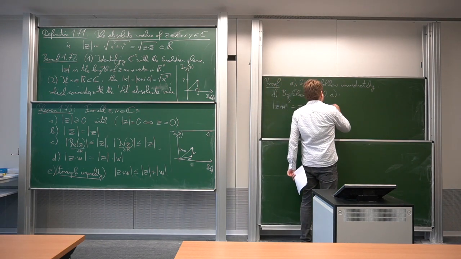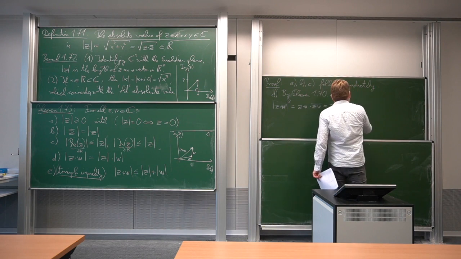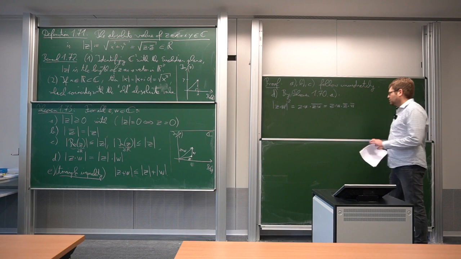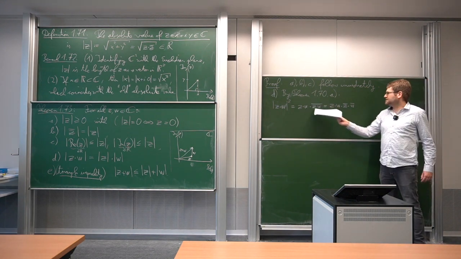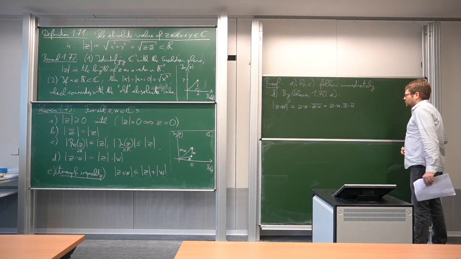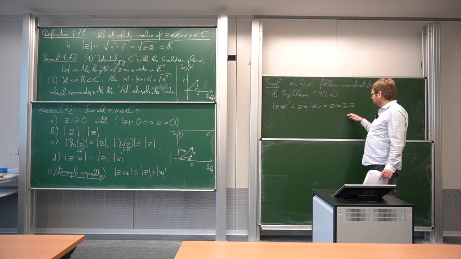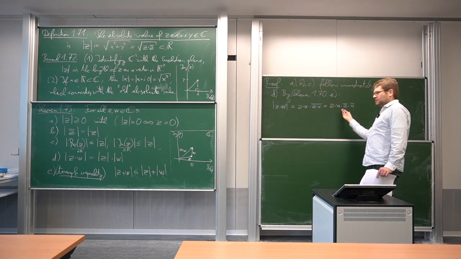So this is the same as z times w times z bar times w bar. Notice that I'm also not using any parentheses here because we're in a field and so the ordering doesn't matter, so we can just leave out parentheses altogether. And since the multiplication in the field is abelian, we can just flip the order of the middle two terms.